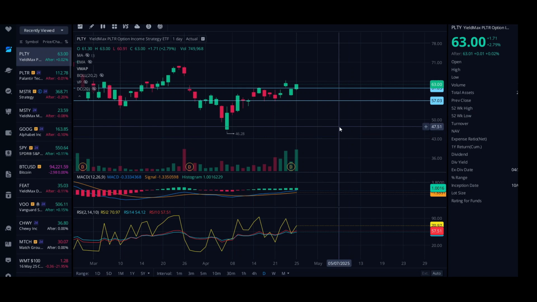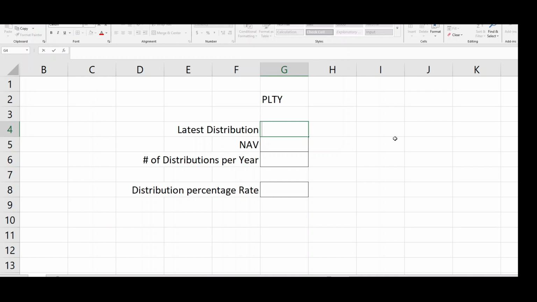All right. So we are looking at PLTY here, and the latest distribution here is 4.6556. So we'll enter that into our spreadsheet, right here, 4.6556. That's the distribution. Now, for the NAV, we can also get that from the Webull chart as well.